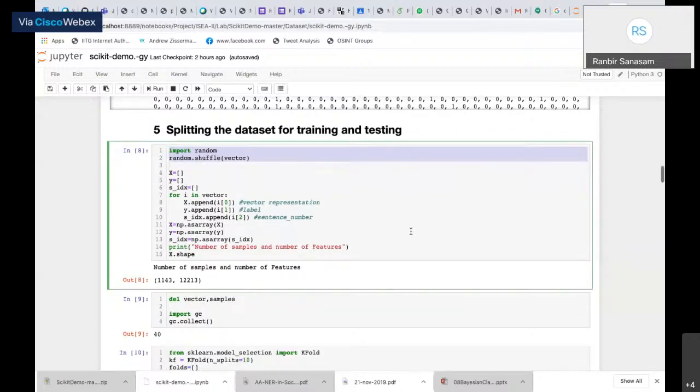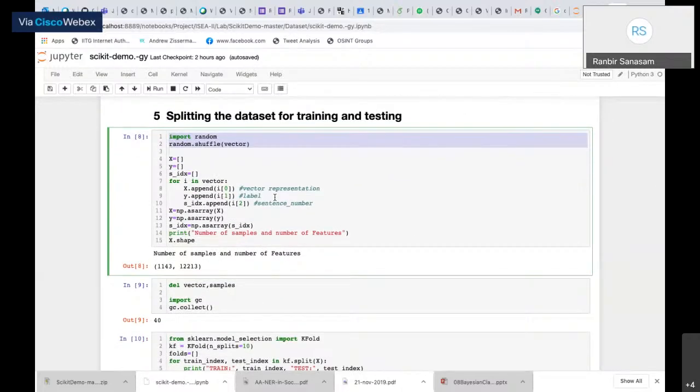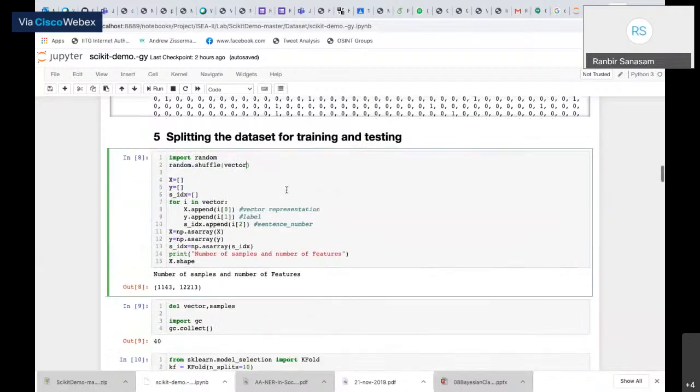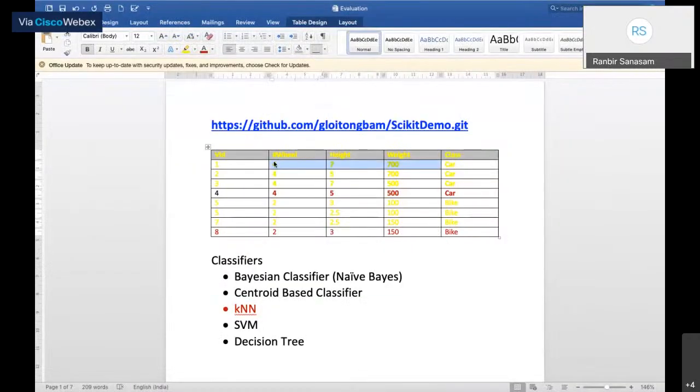After that, we have done a random shuffle of the vectors. Then I'm separating X and Y. This X is the feature part, and this Y is the label part. I'm just separating these parts.